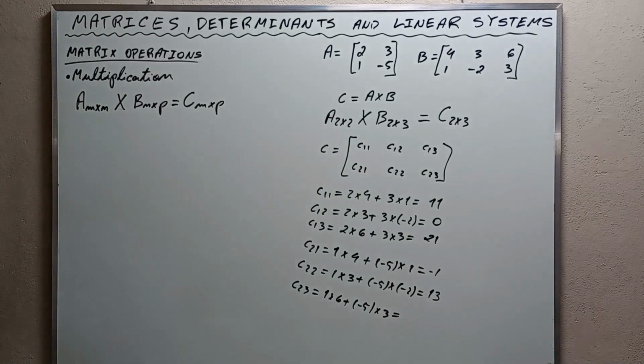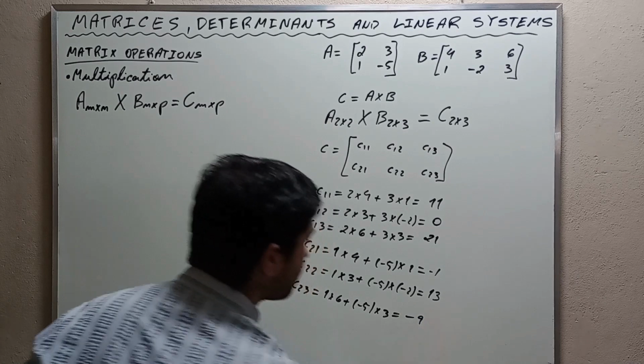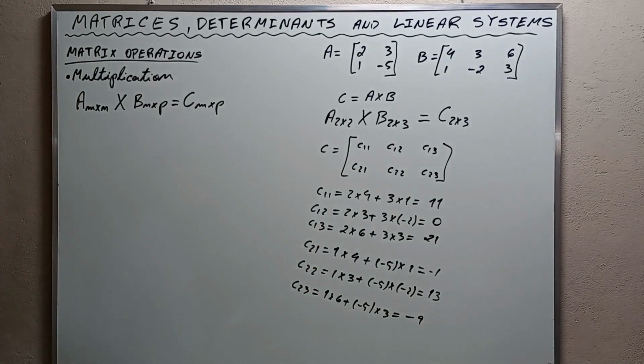And this is equal to negative 9. Okay, my friends, this is how matrix multiplication is carried out.